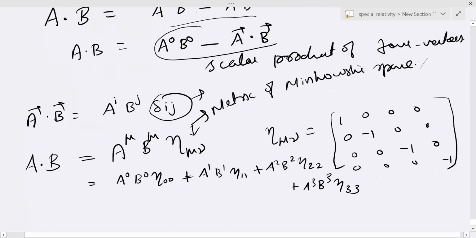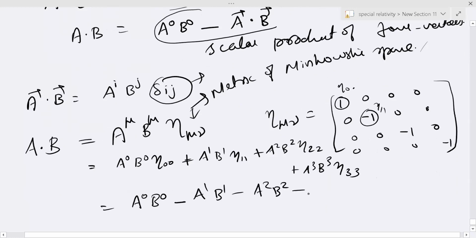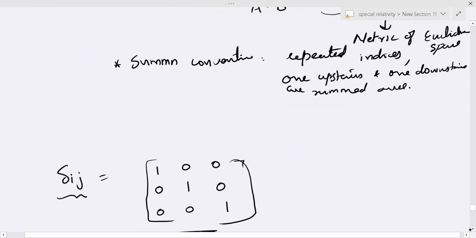Am I right? Now, substituting the values of eta_00, eta_11, eta_22, and eta_33, you will get a0 b0 minus a1 b1 minus a2 b2 minus a3 b3. It's exactly this, right? So we can obtain this.